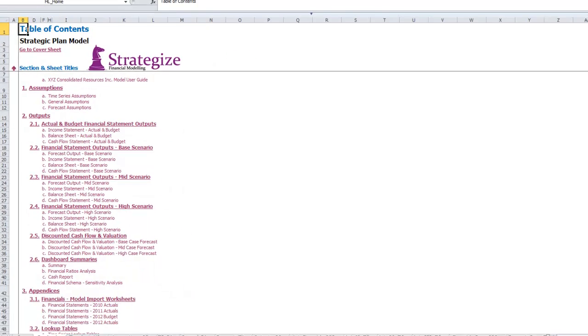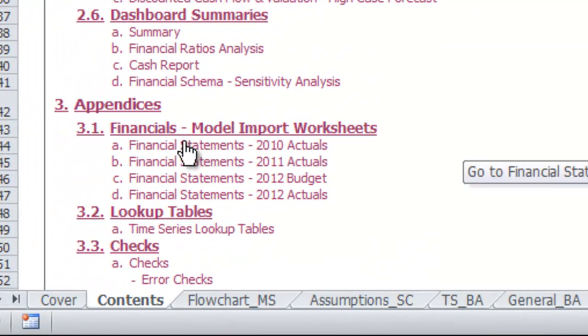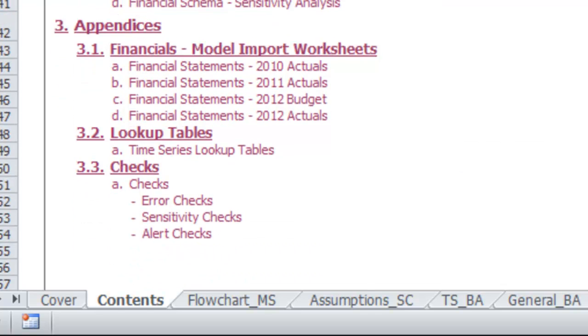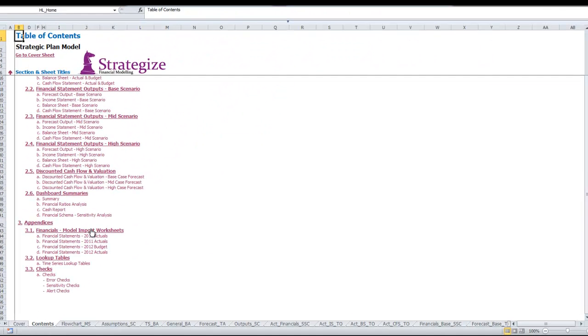Just quickly showing you this model, one of the first things that I must clarify further is the importance of maintaining some sort of repository for the source financials. As you can see here, I do that under the appendices where I deposit all my financial numbers.